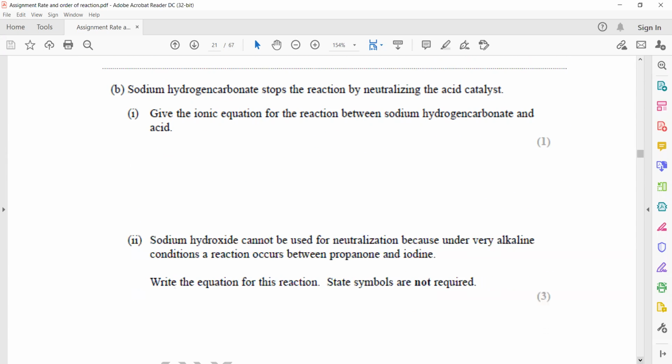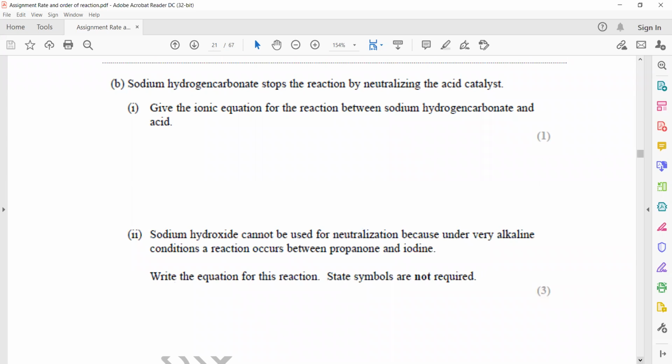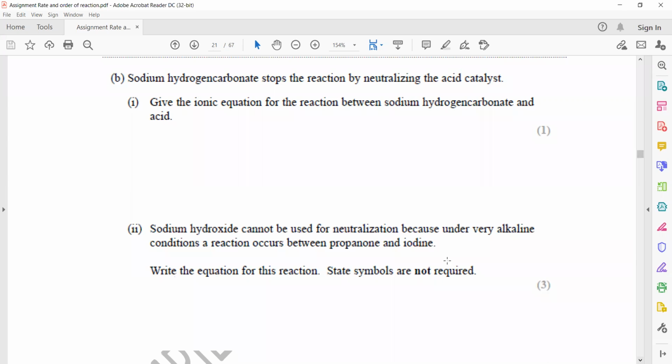Then sodium hydrogen carbonate stops the reaction by neutralizing the acid catalyst. Write an ionic equation for the reaction between sodium hydrogen carbonate and the acid. So acid means the hydrogen ion, H plus ion is there, and we need an ionic equation with sodium hydrogen carbonate.